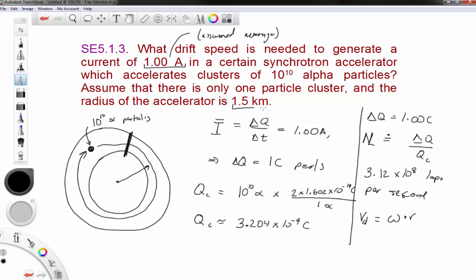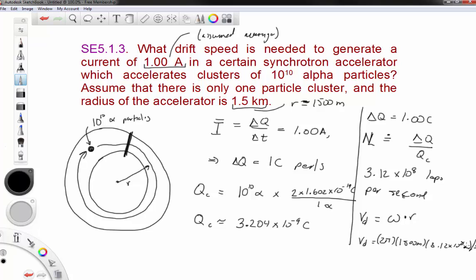It is 1.5 kilometers, so r is approximately 1,500 meters. And omega is going to be this times 2 pi. So Vd is equal to 2 pi times the r, which is 1,500 meters, times 3.12 by 10 to the 8, and all of this happens per second.